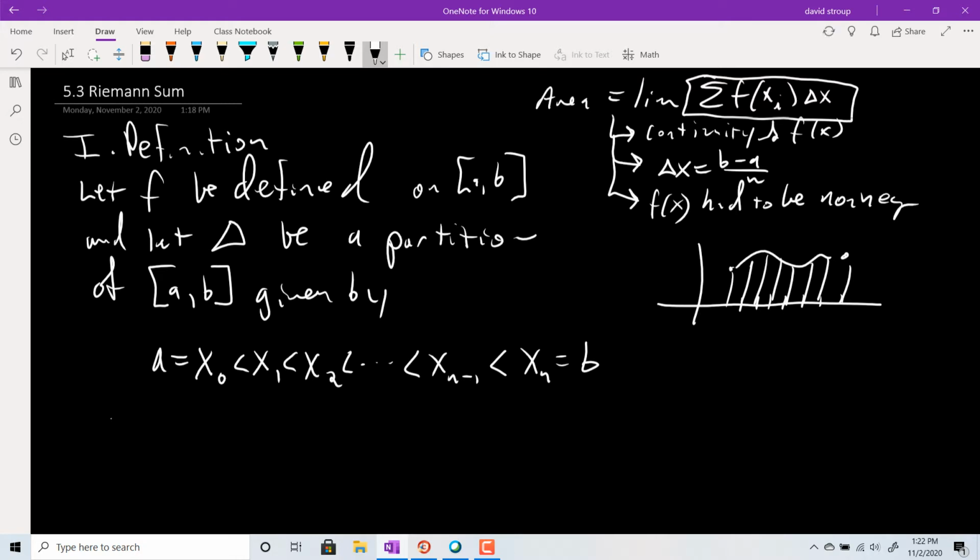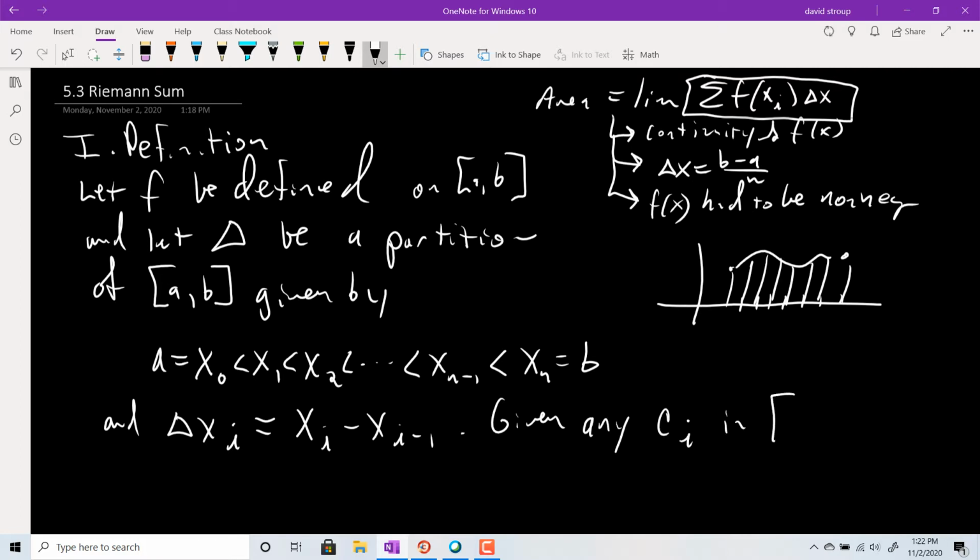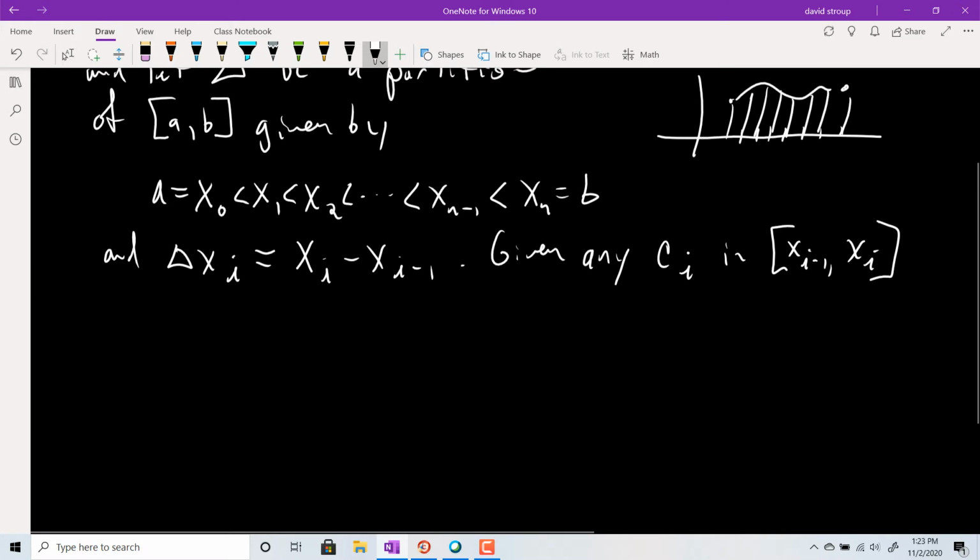Okay, and then our delta x sub i will be defined by the difference between two consecutive endpoints, so x sub i minus x sub i minus 1. So given any point, we'll call it c sub i, in the interval from x sub i minus 1 to x sub i, now we'll have the definition for the Riemann sum.